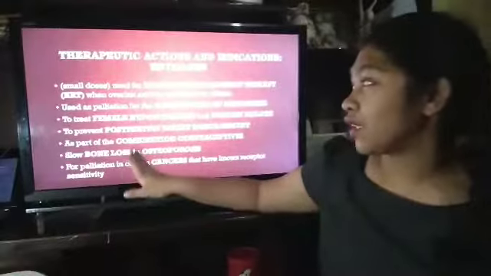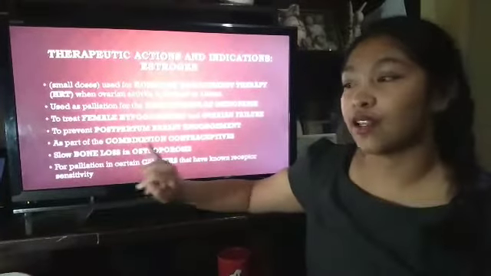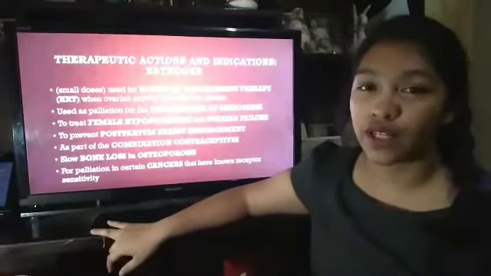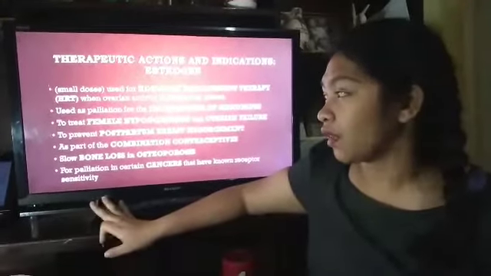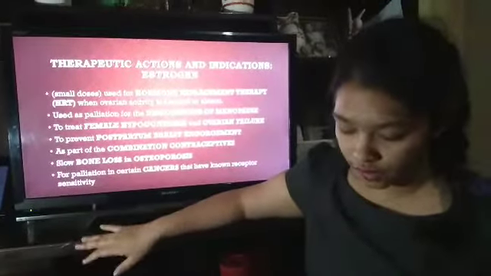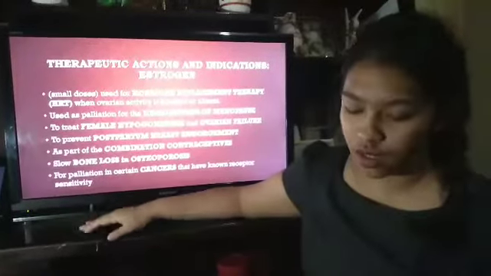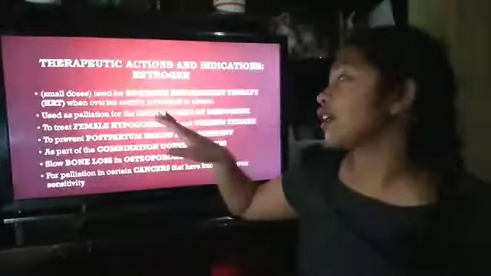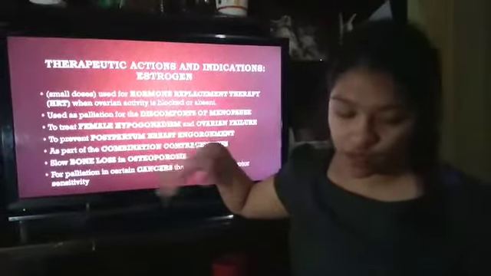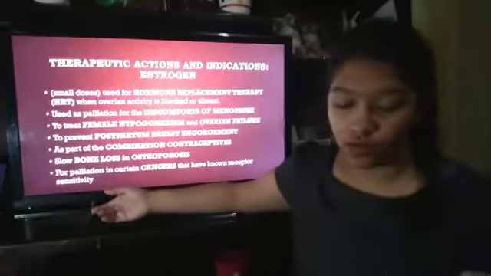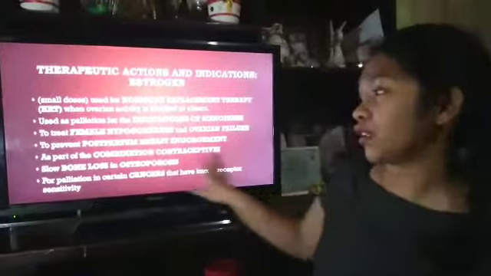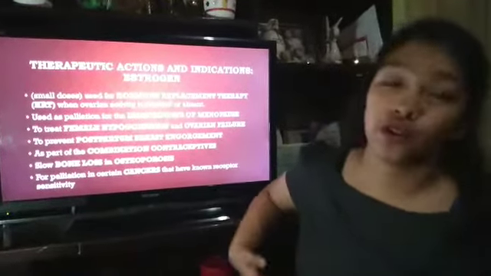It's used to relieve the discomfort of menopause, like irregular menstruation and vaginal dryness, and also low fertility, and to treat female hypogonadism, which is when the sex glands produce little or no sex hormones, and also ovarian failure, and to prevent postpartum breast engorgement.